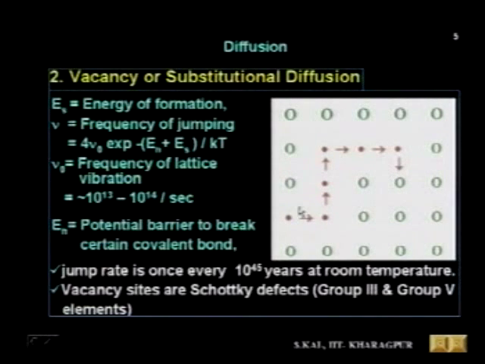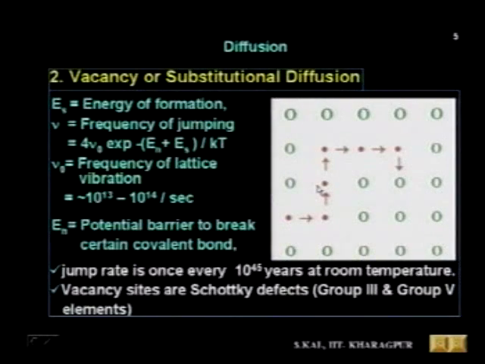Here what happens, by any reason, if a silicon atom from a particular crystal lattice site is absent, that particular site is vacant. That may be due to defects, which are known as Schottky defects, and those Schottky defects may act as a vacancy site.